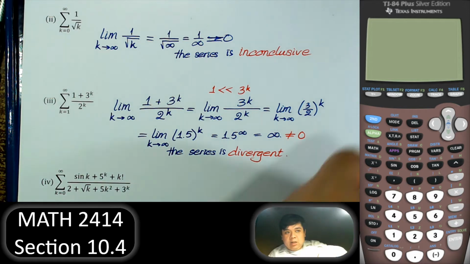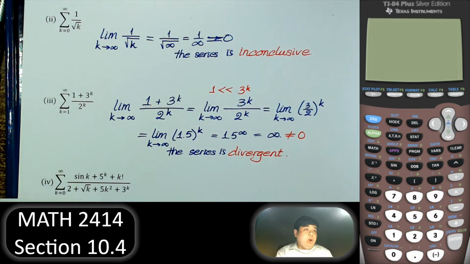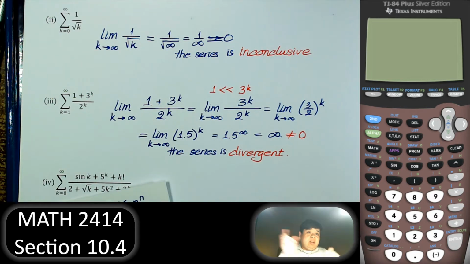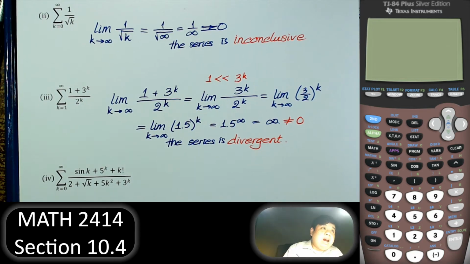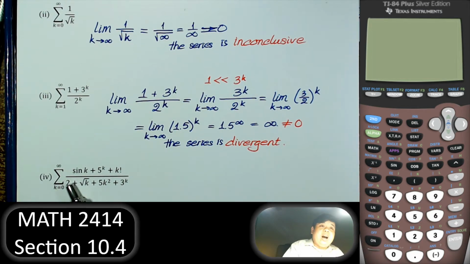So, as we see, if we have a bunch of terms, just ignore the terms that are significantly less than the others. Just keep the one with the highest power. If it is a ratio, take the highest power on top and the highest power at the bottom, and then we can just rank to see what happens. So here, by the way, sine of k is between -1 and 1.